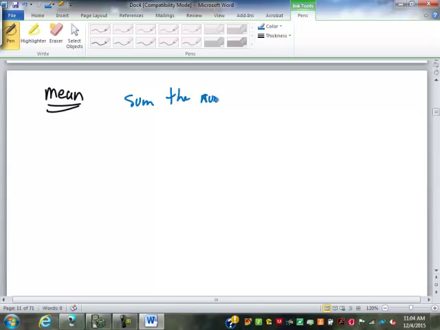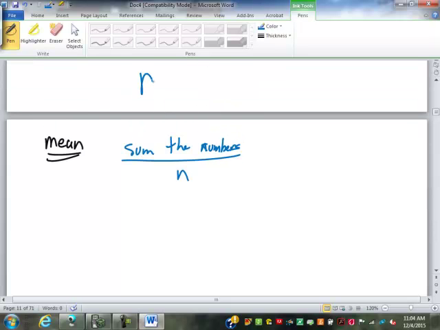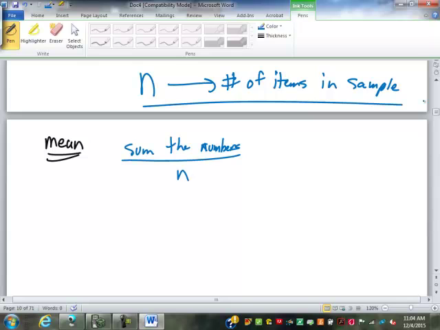Now let's add up the numbers. And you divide by n. Now, n is the number of items in the sample. When we're doing the average, if you had 4 numbers, you divide it by 4. If you had 7 numbers, you divide it by 7, and so on.